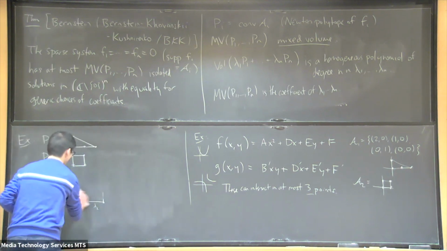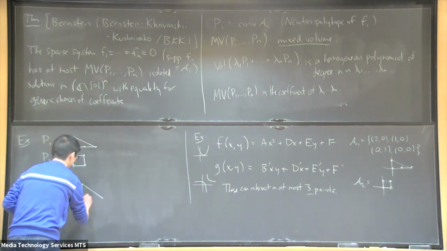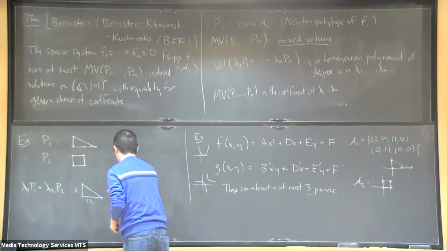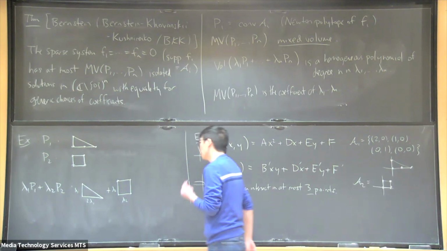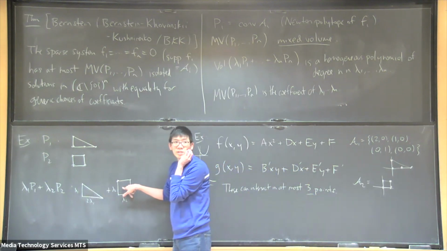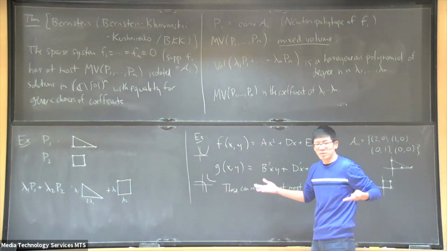If I scale up P1 by lambda 1, I'll get this right triangle that looks like this, and then I'll be adding it to this bigger square. I want to take points in here and add them to points in here, and then look at the convex shape that I get out of it.